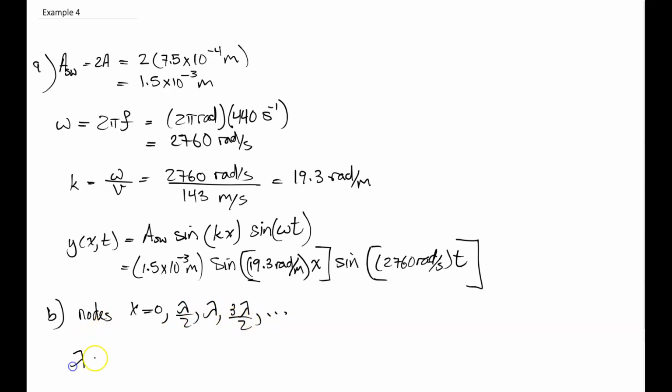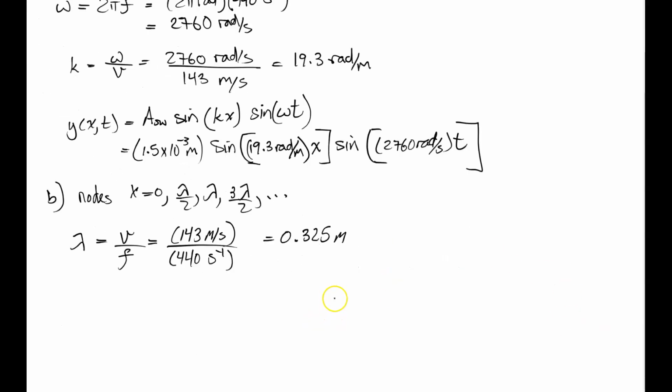And we know that lambda is equal to the velocity over the frequency, which is 143 meters per second divided by 440 hertz, which gives us a wavelength of 0.325 meters.